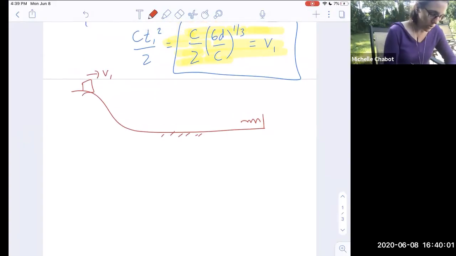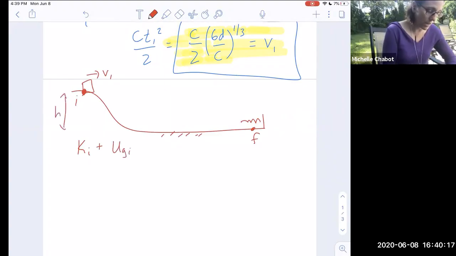So my initial energies, I'm going to have kinetic energy up here, right? This is all in my initial energy. And then the final will be when it's compressing the spring all the way. So my K initial plus my U_G initial, because it's up on a hill of height h. It's not compressing the spring yet, and there's no friction patch yet that it's passed over. So those are my initial energies.